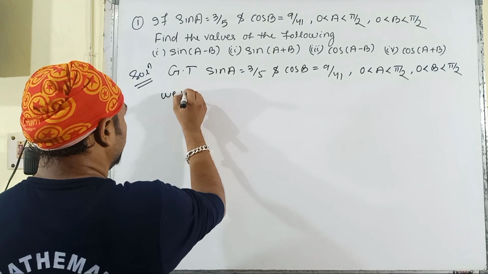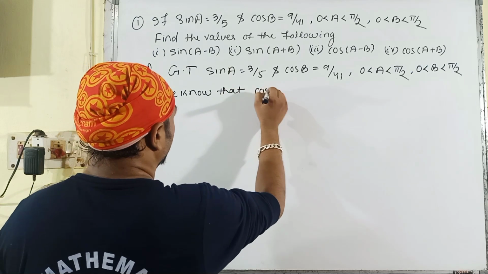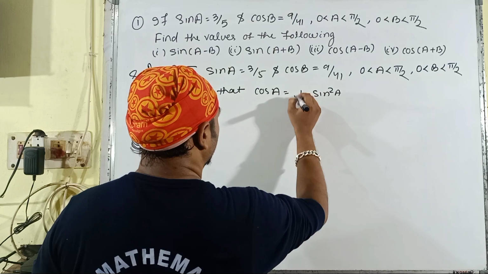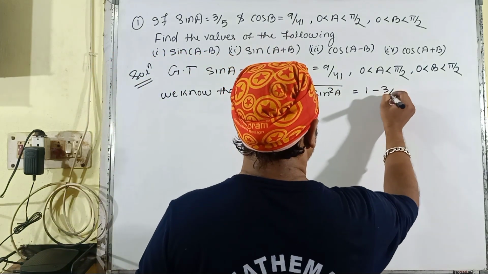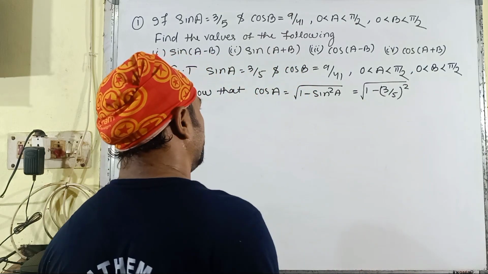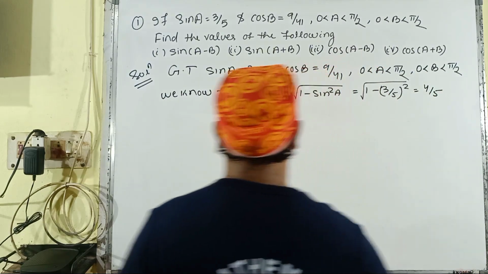We know that cos A is equal to square root of 1 minus sin square A, and that is equal to square root of 1 minus square of 3 by 5, and it will be 4 by 5.